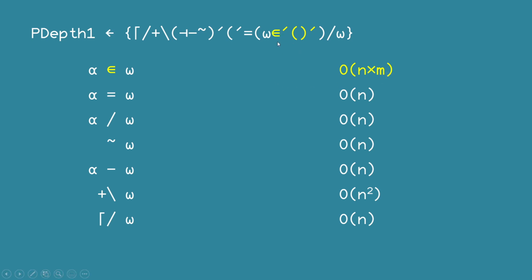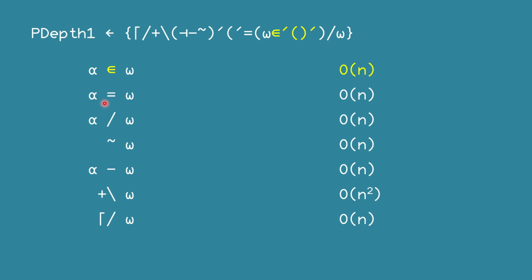But here, in theory, because we have a constant right argument, that's just 2 parentheses, we know we're always going to have a result that's twice the length of our expression. So really, this could be reduced to a linear time algorithm for our particular use case.